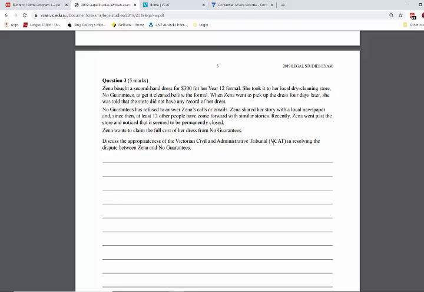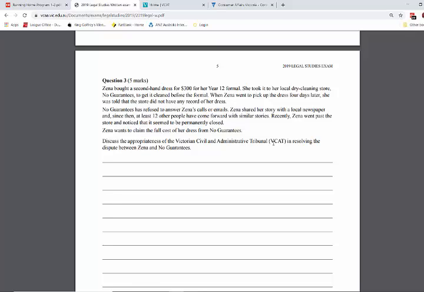So you don't necessarily need to talk about other places that Zena could go, but you're not barred from doing that. So you could have mentioned CAV when answering this question, and whether or not CAV could be a better option. So we are going to look at CAV as well in regards to this.